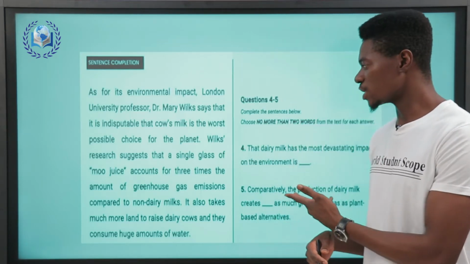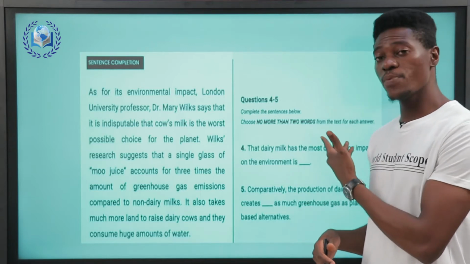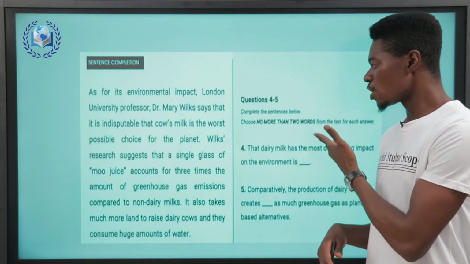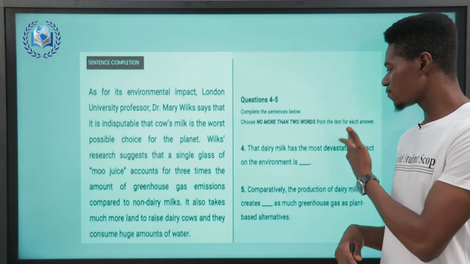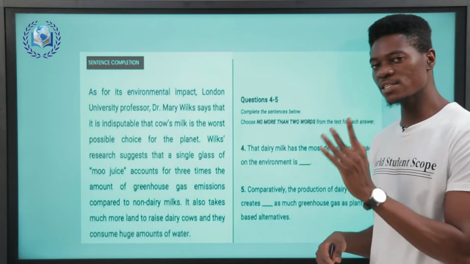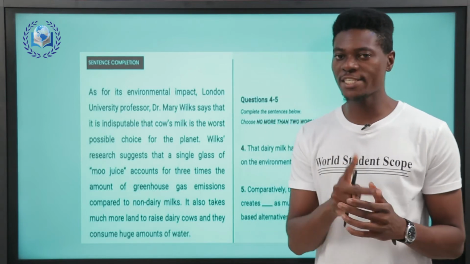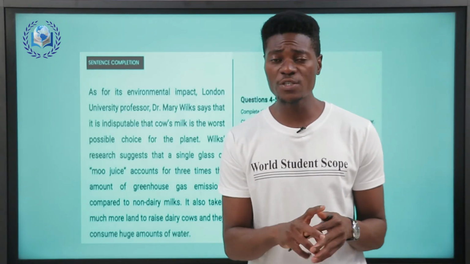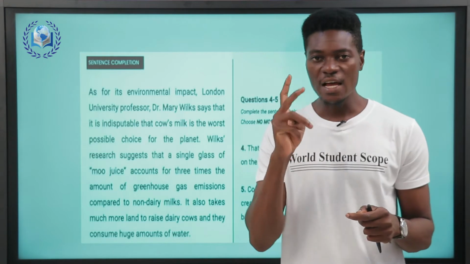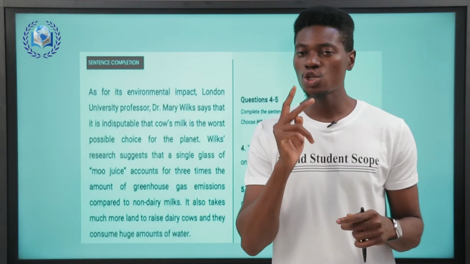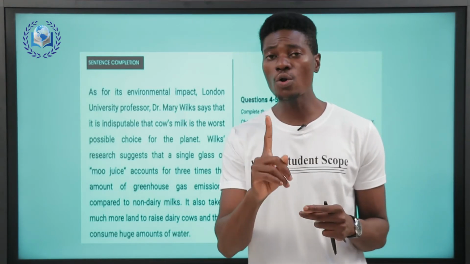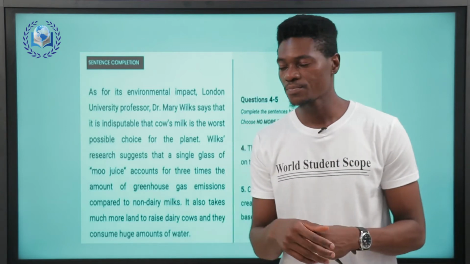Let's read our instruction. Complete the sentence below. Choose no more than 2 words from the text for each answer. You have to choose no more than 2 words. Even if your answer contains 3 words, try to use only 2 words or only 1 word.